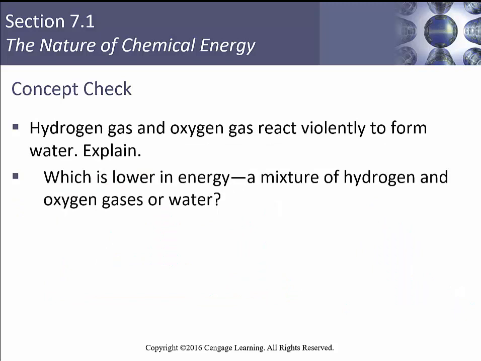Hydrogen and oxygen gas react violently to form water. Explain: which is lower in energy, a mixture of hydrogen and oxygen gas or water? Well, if we draw the reaction diagram for that, it's going to be generically one of these exothermic energy reaction diagrams, because we're going to have some sort of change in energy or change in enthalpy.